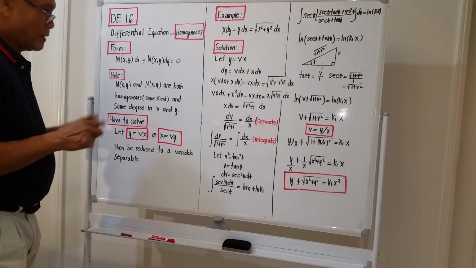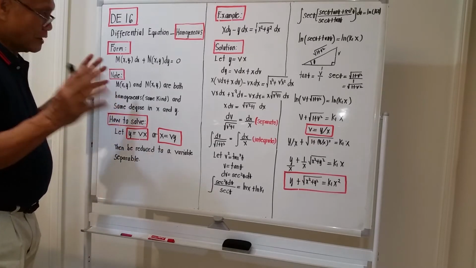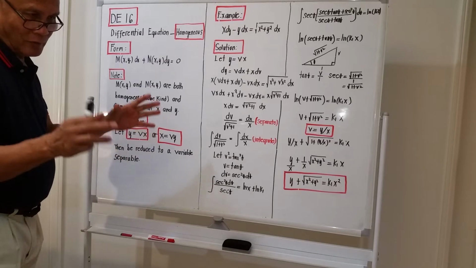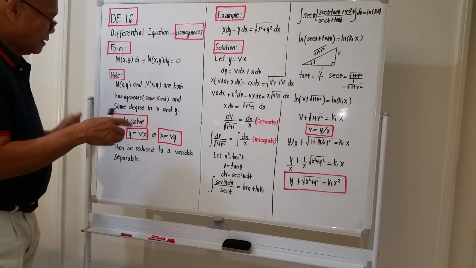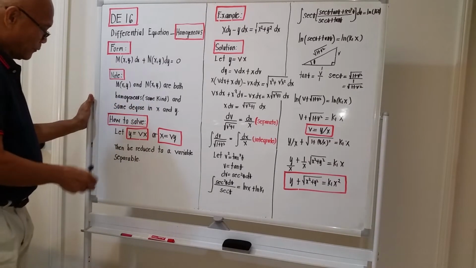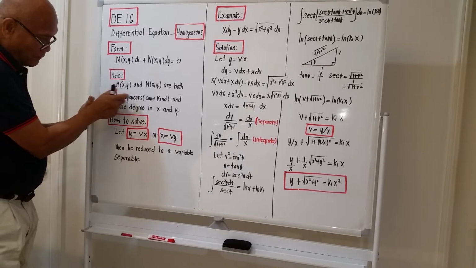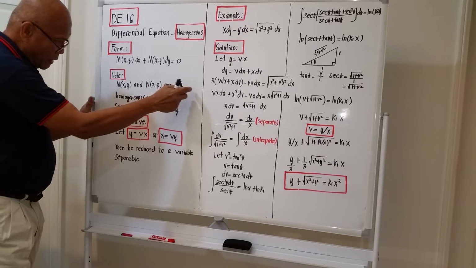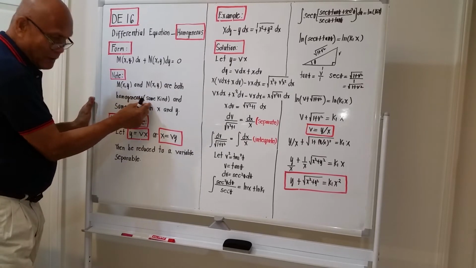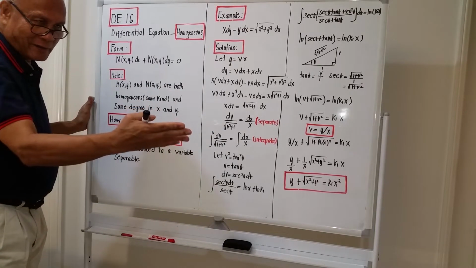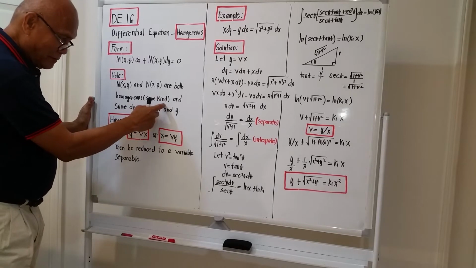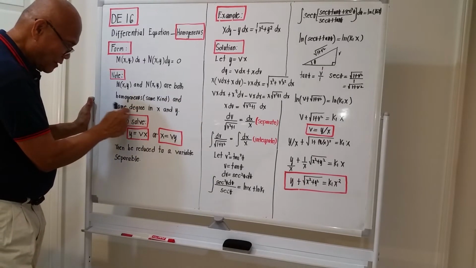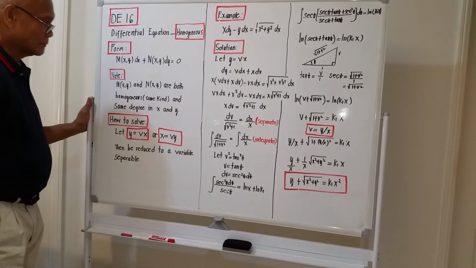For it to fall under the so-called homogeneous differential equation, there's a note over here. M as a function of x and y and N as a function of x and y are both homogeneous, meaning of the same kind and same degree in x and y.